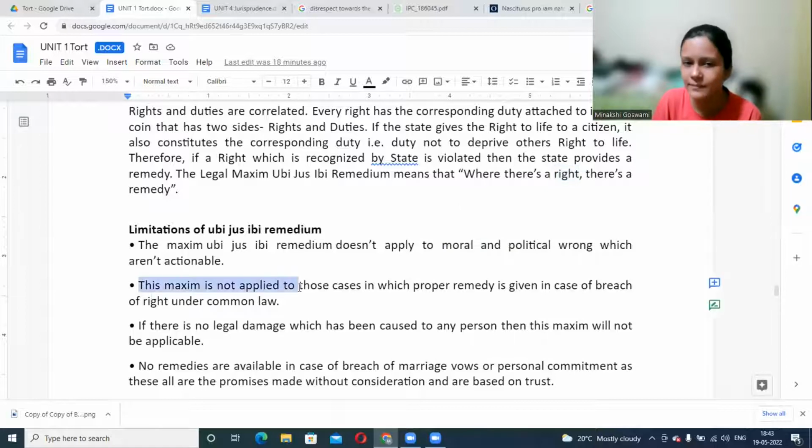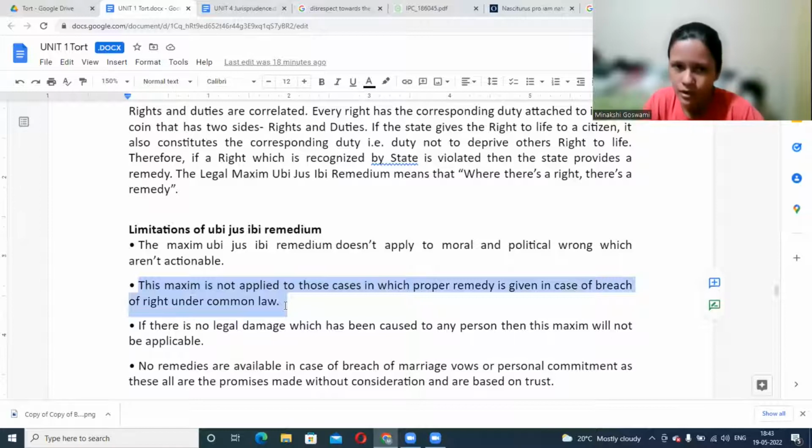This maxim is also not applicable to cases in which a proper remedy is given in case of breach of a right under common law. There are certain areas where laws are not codified, like torts.